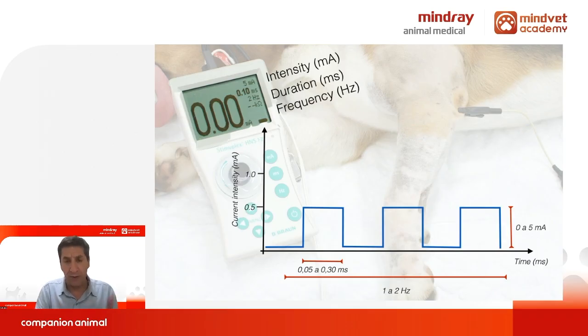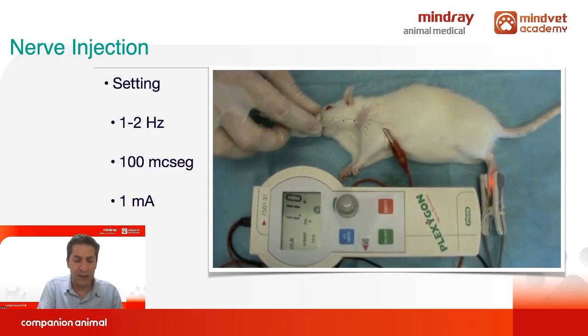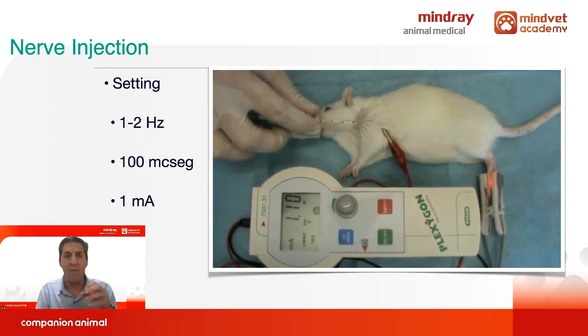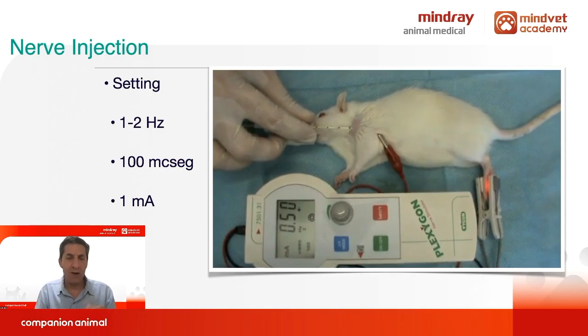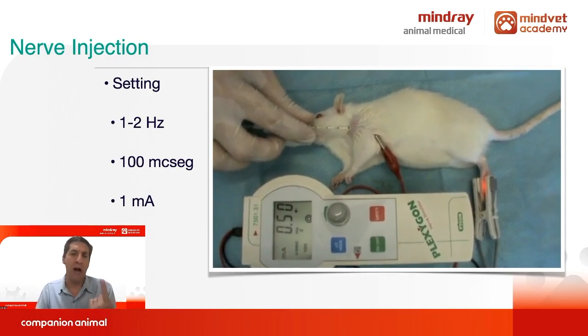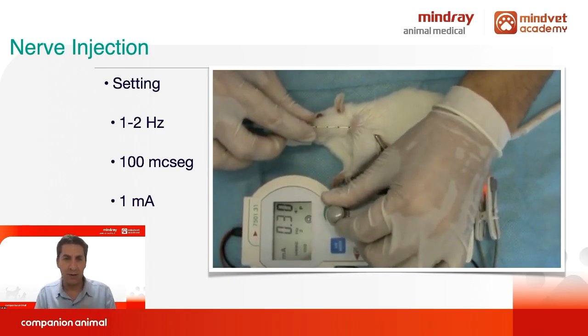And the nerve stimulator has three different buttons or settings. One to set the intensity, the duration of the stimulus, and the frequency. The frequency we can measure in hertz. That means how many stimuli per second we are going to have. 1 to 2 hertz means 1 or 2 impulses per second.